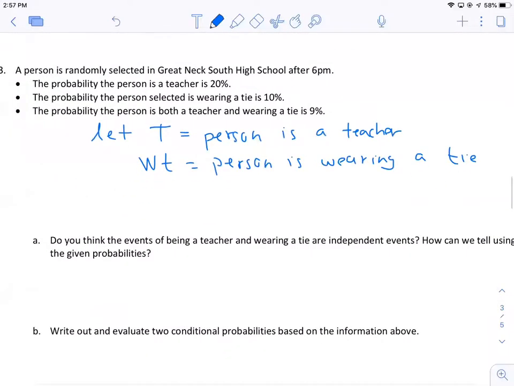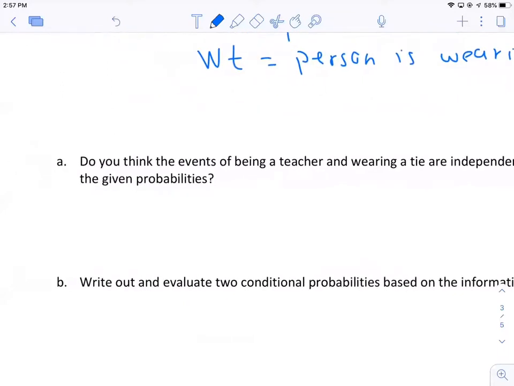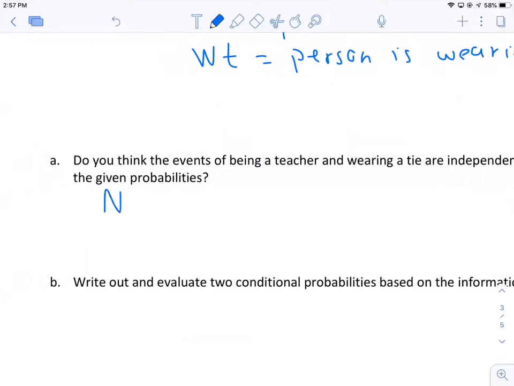So let's take a look at A. Do you think the events of being a teacher and wearing a tie are independent events? Well, for me personally, I see a lot more teachers wearing ties than the general population of people wearing ties. So I would say no, they're probably not independent.